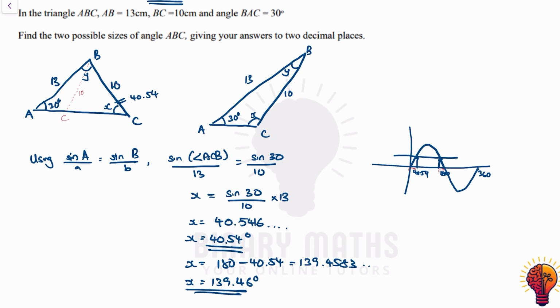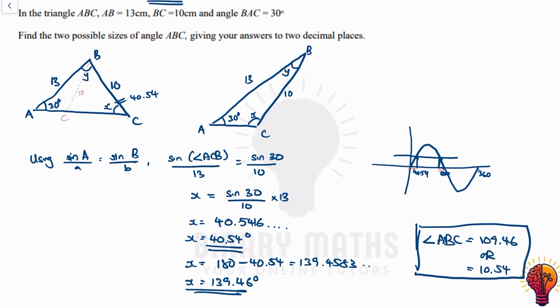And my other value of Y must be equal to 180 take away 30 take away 139.46, which gives me a value of 10.54. So my two possible values of angle ABC are 109.46 or 10.54. So those are my two solutions.